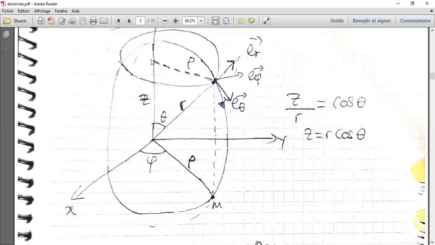But since the distance between J and M is constant, it means that your phi is equal to what? To 0. There is no change. Since there's no change in the radius, it means your phi is always a constant.